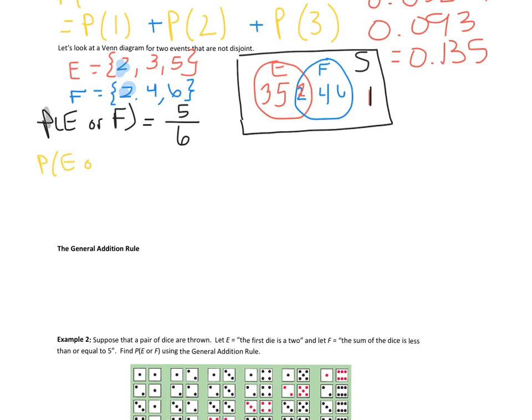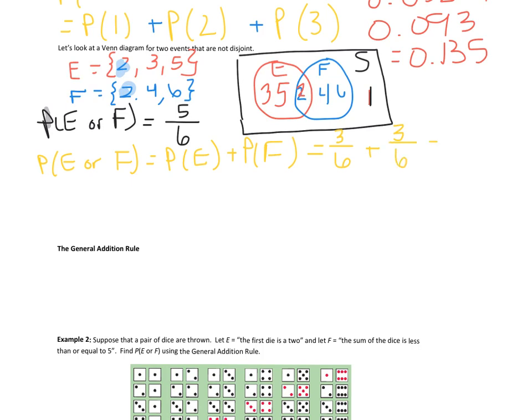According to our last formula, for disjoint events, events that did not have a common outcome, we could do something like this: probability of E plus probability of F. Well, there's 3 outcomes in E out of 6, and in F there's 3 outcomes over 6.